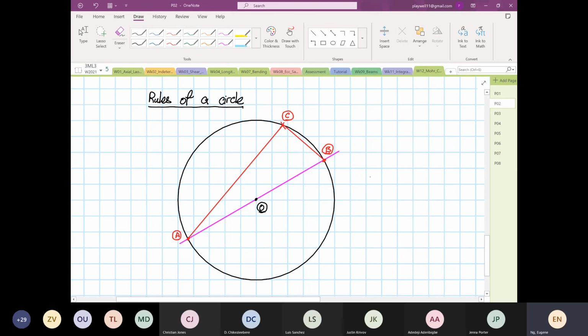So what you realize is this angle is 90 degrees.